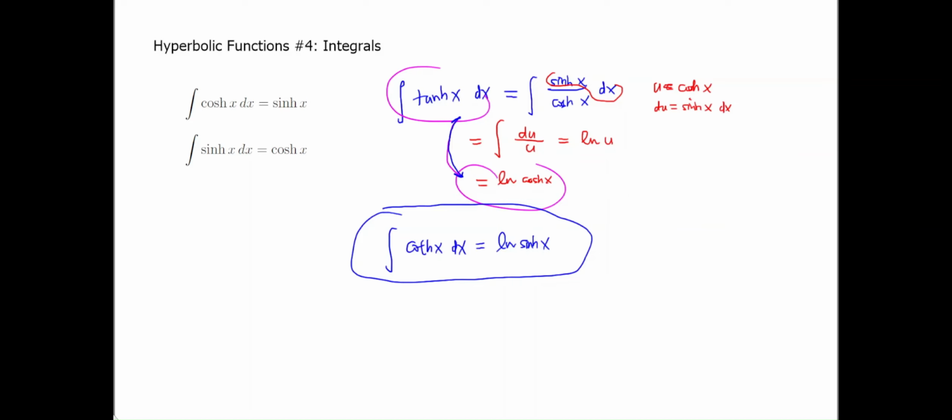You just do the very same sort of decomposition, you might say, of the coth function, cosh over sinh, same u substitution, and there you go. Now where the real work is going to happen in this video is the integration of the hyperbolic secant and the hyperbolic cosecant functions. So let me create some clean space and we'll get right back to that.